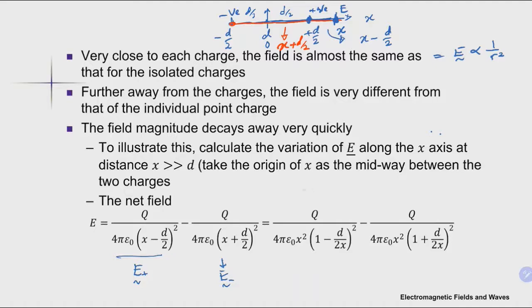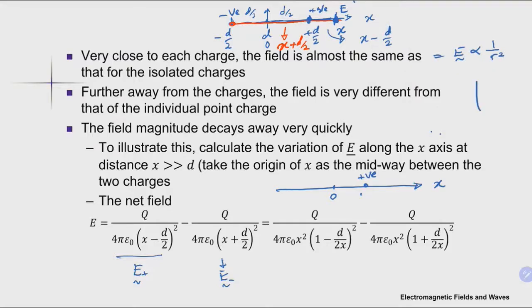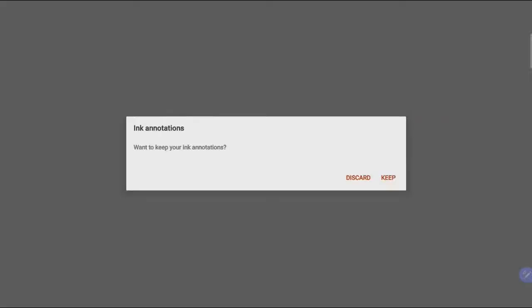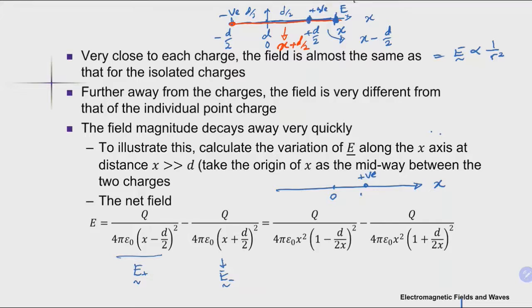Okay, I repeat. So let me redraw this. X, this is my origin. I have my positive charge, plus Q. I want to work out, so this will be x.